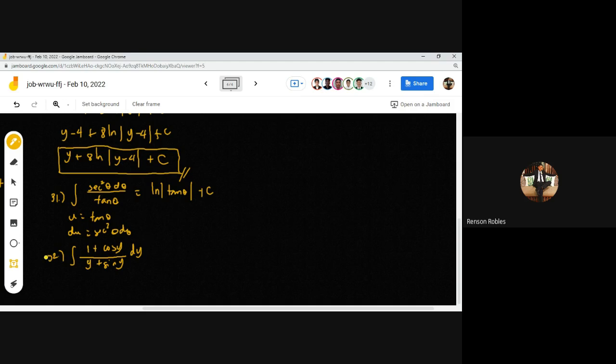So when you let u be equal to y plus sine y, you know that du is 1 plus the derivative of sine y, which is cosine y, and you see this on the numerator. Right? So that will give you an ln. This is equal to ln of y plus sine y, then plus c.